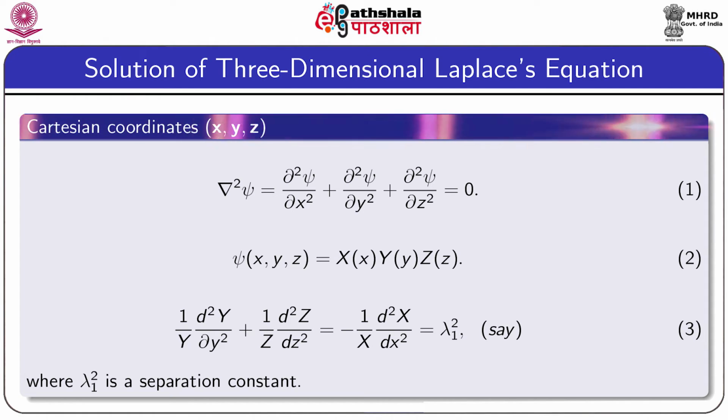The solution is capital X equals C1 cos lambda 1 x plus C2 sin lambda 1 x, where C1 and C2 are constants of integration. Now, if we go back to equation number 3, then lambda 1 square is also equal to 1 by Y d2Y dy square plus 1 by Z d2Z dz square.